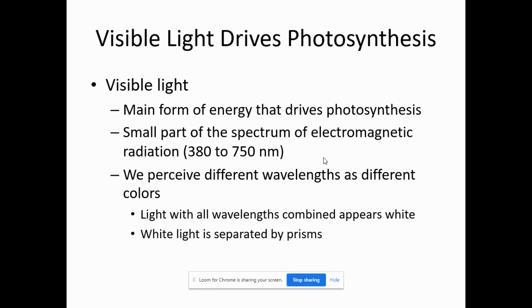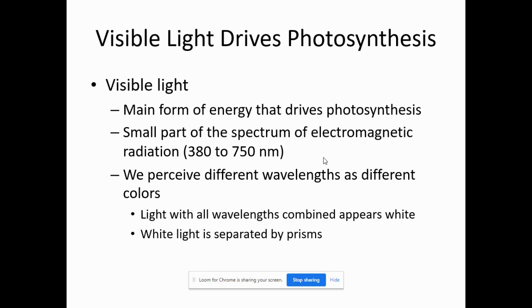Now the electromagnetic spectrum, a portion of that is visible light. And that visible light is the main form of energy that drives photosynthesis, and it's a small part of the spectrum of electromagnetic radiation, 380 to 750 nanometers wavelength.